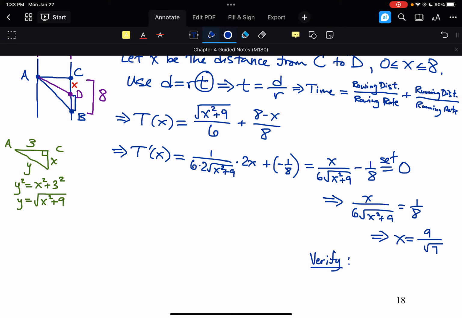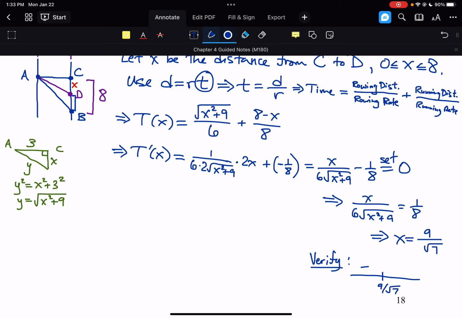And if we verify that value, pick something less than that for the derivative, so like 0, we end up getting negative 1/8. Pick something greater than that number, so that's like 9 over something between 2 and 3.